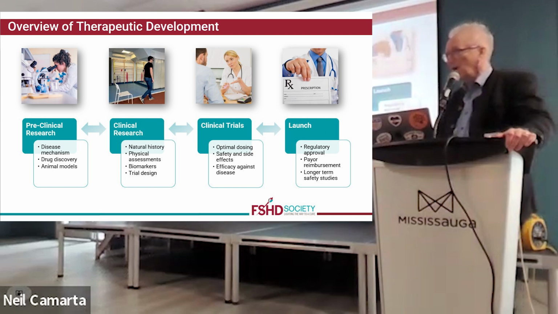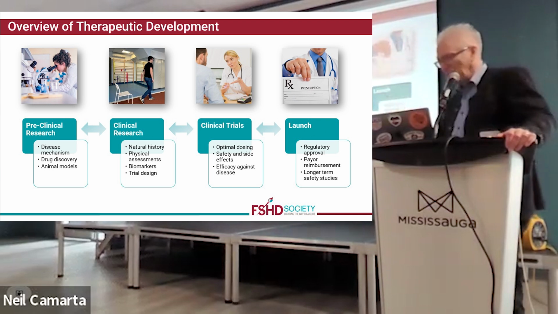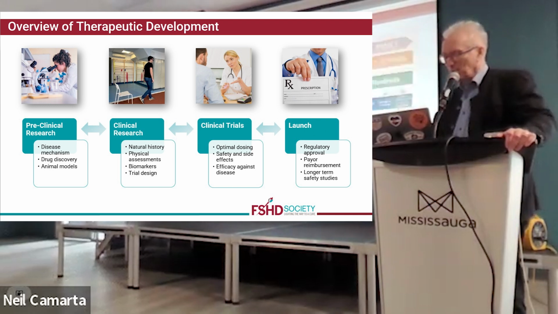It's also understanding how the condition progresses, so-called natural history studies, for instance, or figuring out what the biomarkers are and how to assess these things. And then there's the clinical trials, and then there's something after the clinical trials as well.